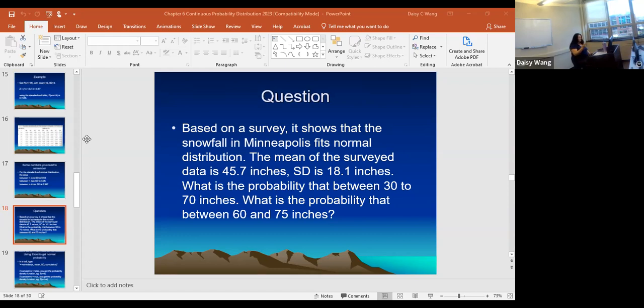So this is the 70 minus the 30, with the average and standard deviation. Ta-da! So 71% chance.